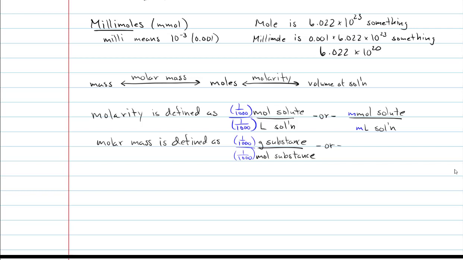So this would mean 1,000th of a gram would be a milligram of solute for every millimole of substance.